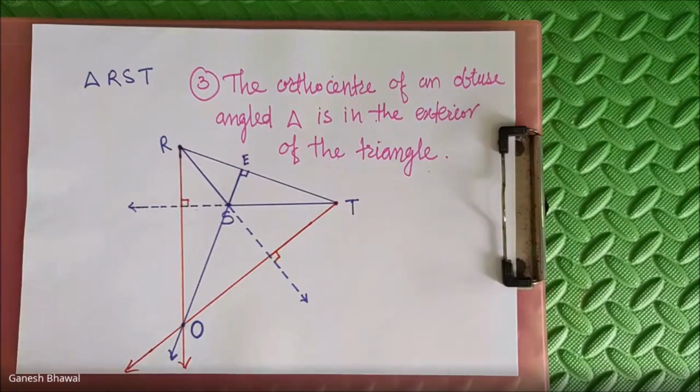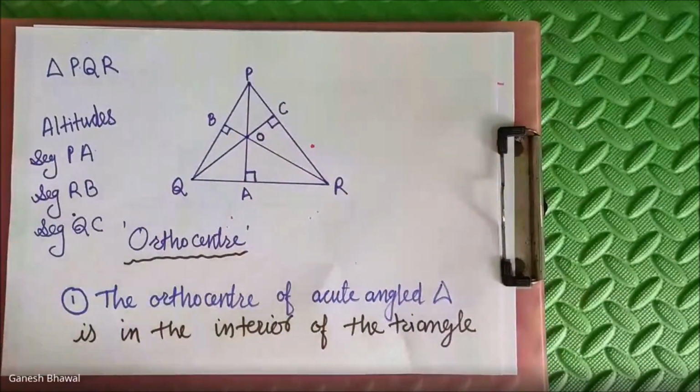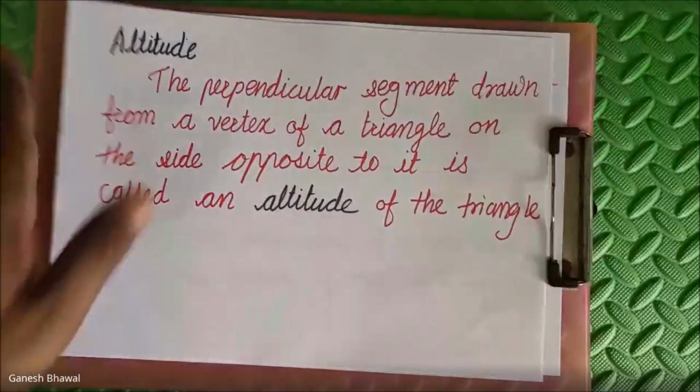So today we have learned about altitudes of a triangle, how to construct them for an acute angle triangle, right angle triangle and obtuse angle triangle, and the definition of altitude. Now write it down if you have not finished. That's all for today's lecture.